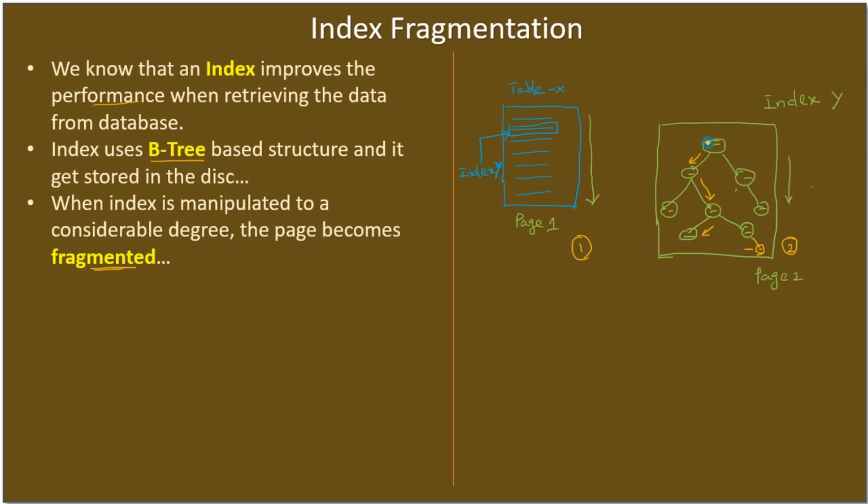So in that case, if there is no space in this specific page, the data for the index will get fragmented, and if there are multiple such fragments for the same indexed column, let's state that this is the index structure, but it is linked and fragmented to different levels.